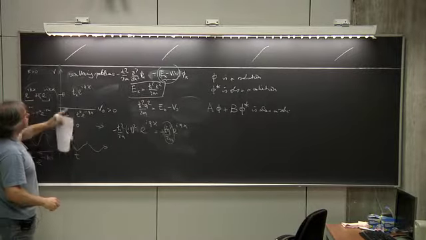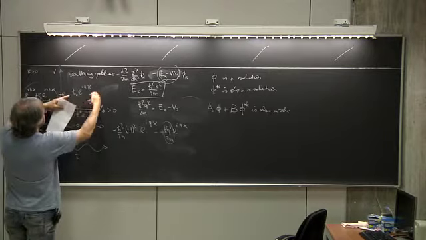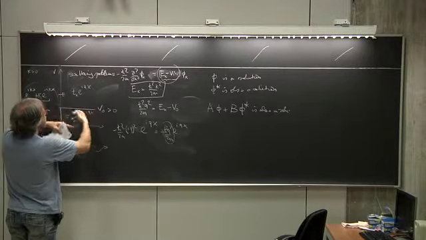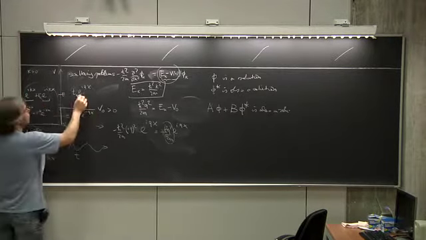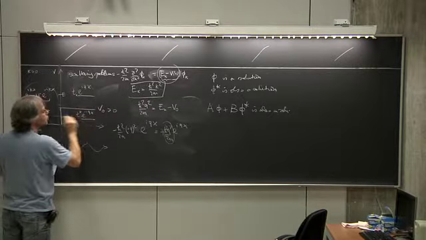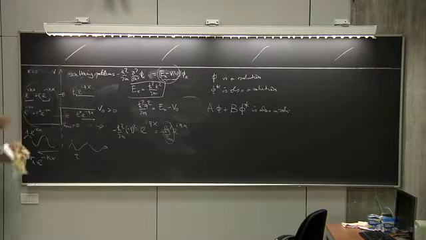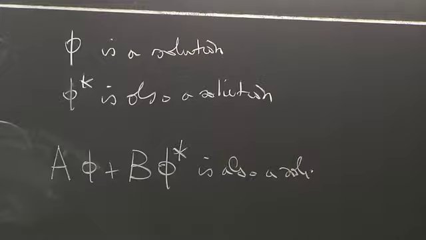On the right-hand side, when you take A times this plus B times this, you get a general combination of e to the iqx and e to the minus iqx. So again, the most general form is really obtained. So you're not losing anything. You're just concentrating on a particular set of solutions, the ones that come from the left.